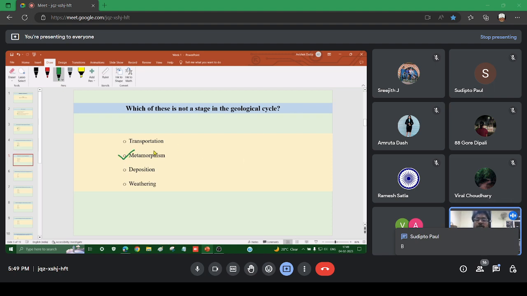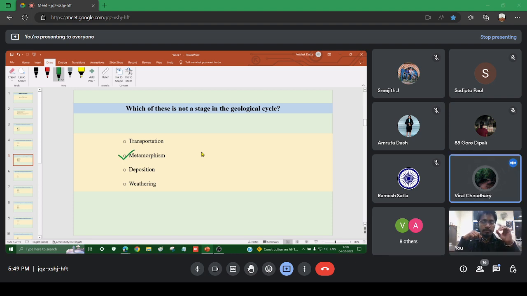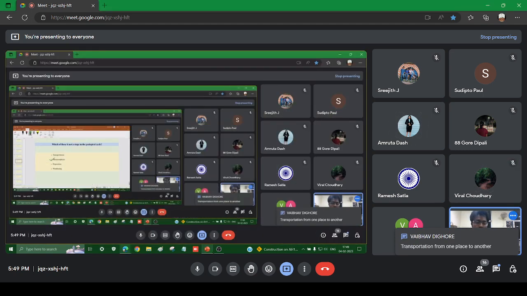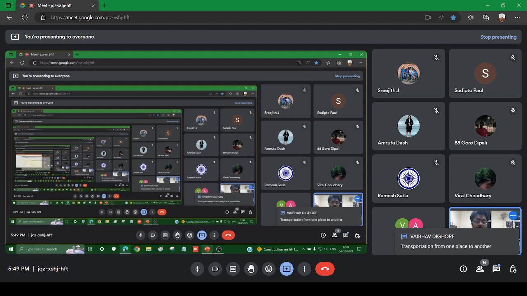Now, what is transportation? Sir, movement of particles from one place to another. Okay. What is metamorphism? Transformation. Say the full thing.